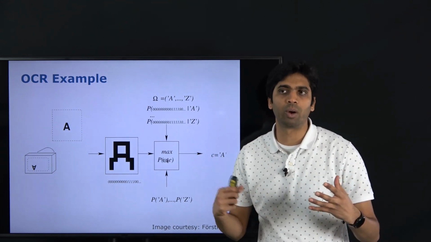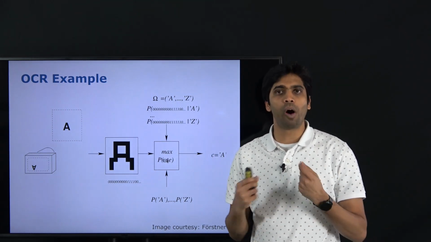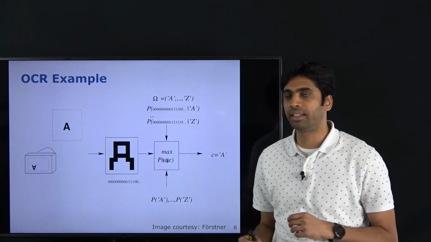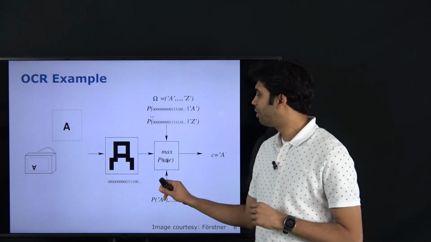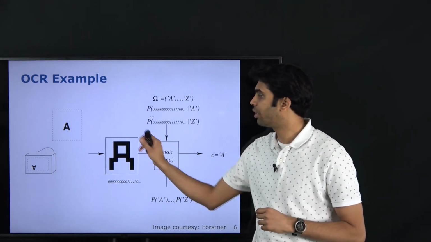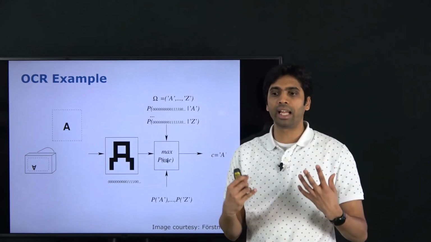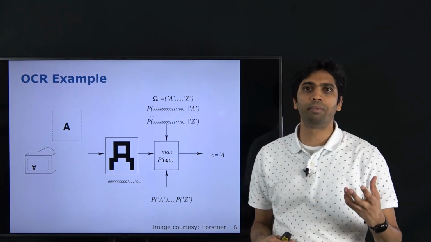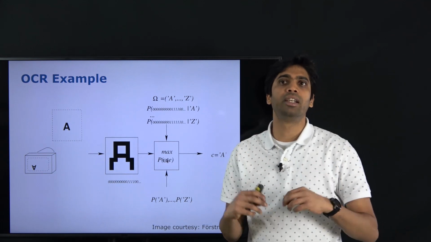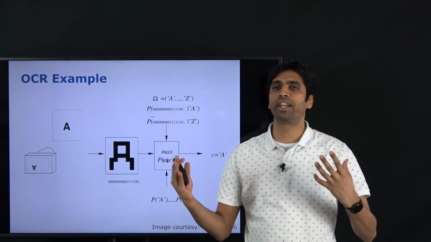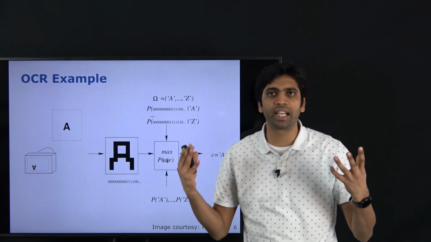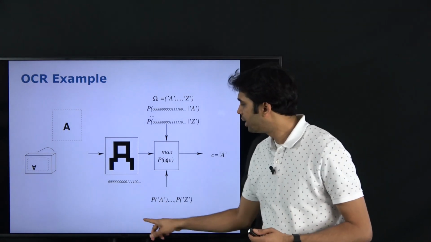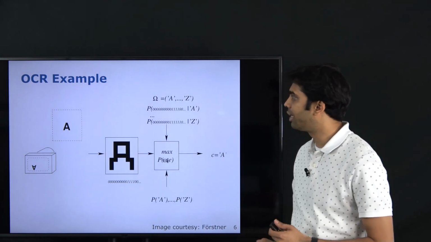For example, A or C or S are often more frequent in English than other letters, right? And therefore we could use that knowledge to say that, given our input image, there is a higher probability that that character is, let's say, A over, for example, Q or Z, which occur much less. So this is the prior probability that's involved in there.